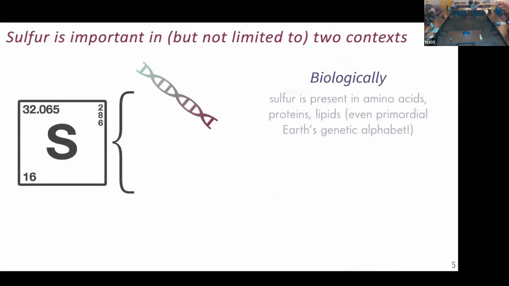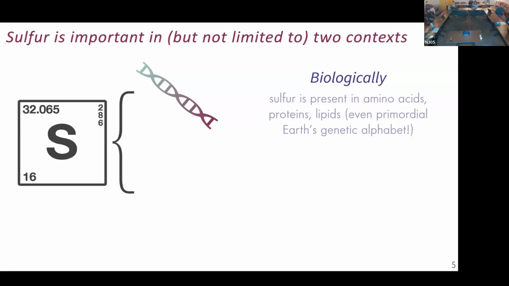One is astrobiologically. It's present in amino acids, proteins, and lipids. And there's actually been a really cool discovery by Dimitar Sasselov and the Origins of Life Federation. That's a joint endeavor between Harvard, Chicago, Cambridge, and ETH Zurich. They found that the early Earth RNA molecules, the nucleobases, actually needed sulfur-substituted nucleobases.